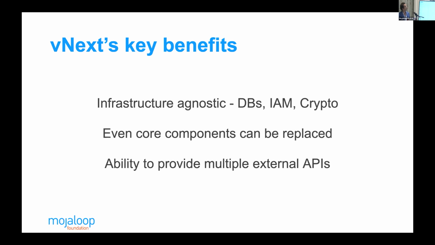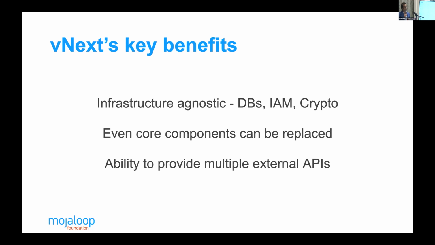And we can also provide multiple external APIs. This is another critical point, because with this logic, what we have created as a reference architecture is what we call the canonical Mojaloop way of doing things. So inside the switch, we have a Mojaloop language that is not strictly specific to any of the external APIs.